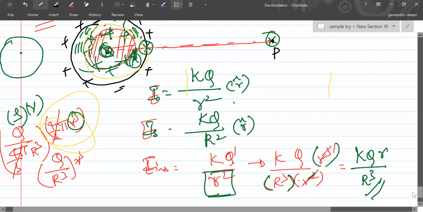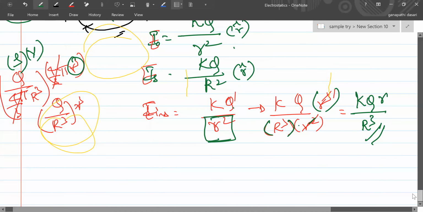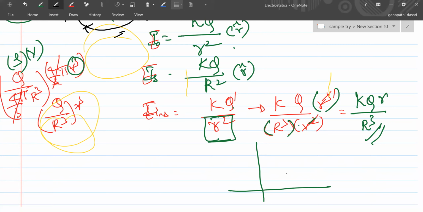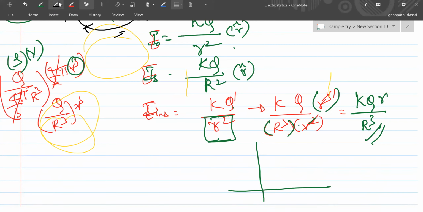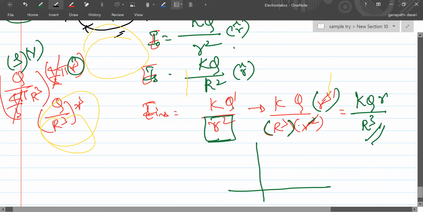Now, very important. Sometimes in NEET they generally give diagrams directly. For a hollow sphere, electric field versus position: inside it is zero, right, till the radius, till the surface.